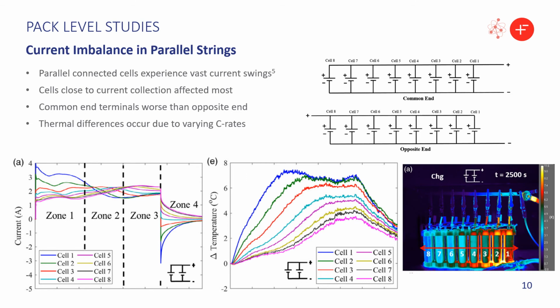By changing the terminal locations to common end and opposite end, we see differences in the variation that each cell experiences over its discharge, and correspondingly differences in temperature. Our models are predicting this, and we can see that it would have an effect on degradation as well.